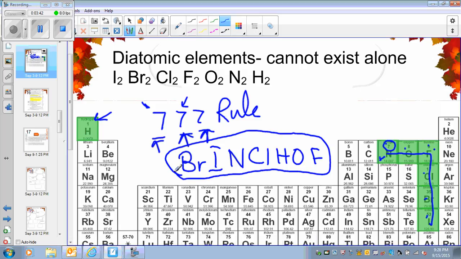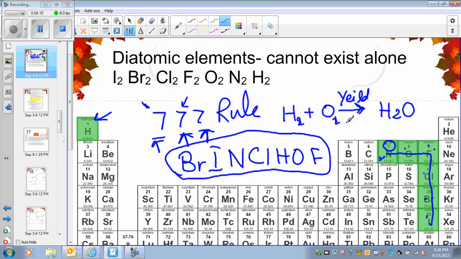When it comes to writing them in a chemical equation, if you do not use the diatomic state, it will be considered wrong. So if you have to write a chemical equation for the formation of water, you cannot say hydrogen plus oxygen yields water, because hydrogen and oxygen do not exist as one. They have to be two.